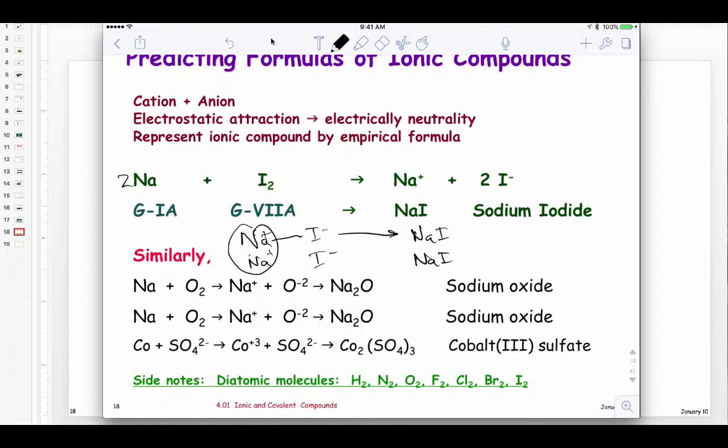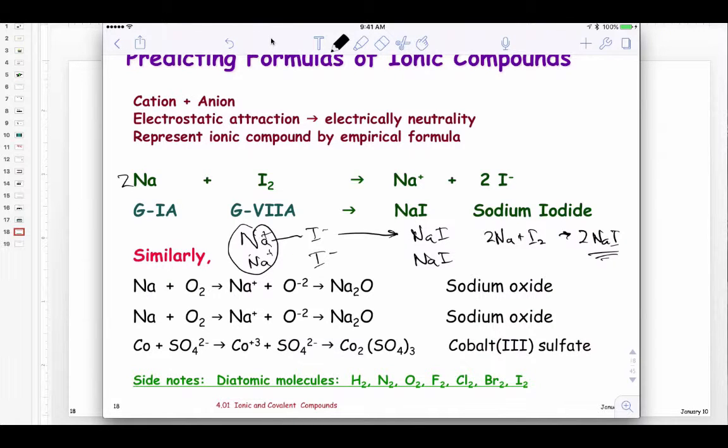So if you want to balance this equation, what we have is 2Na plus I2 goes to 2NaI. That's the correct formula for the sodium iodide ionic compound, and that would be the way you would write this reaction.